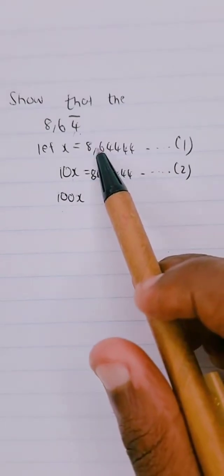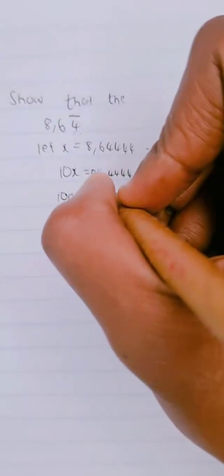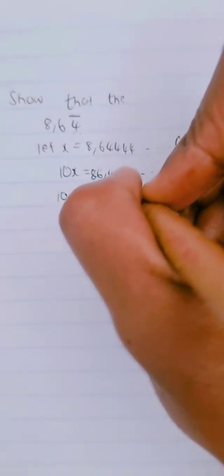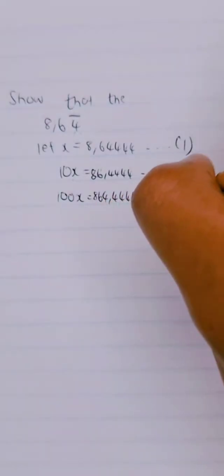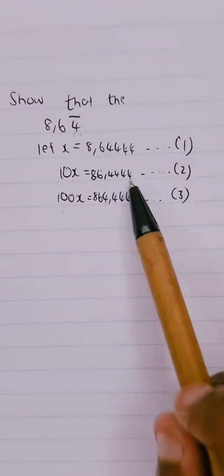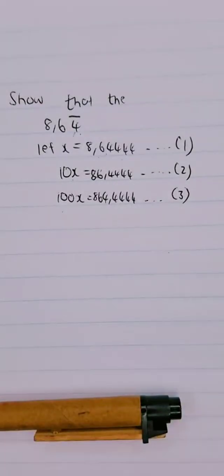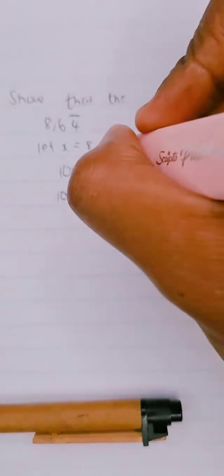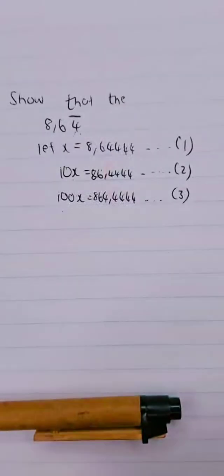Doing that moves the comma 2 times. So we now have 864.444. Do we now have equations that have the same numbers after the comma? Indeed we do. This is what we are wanting.